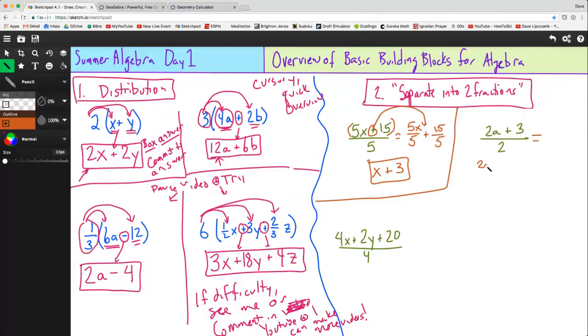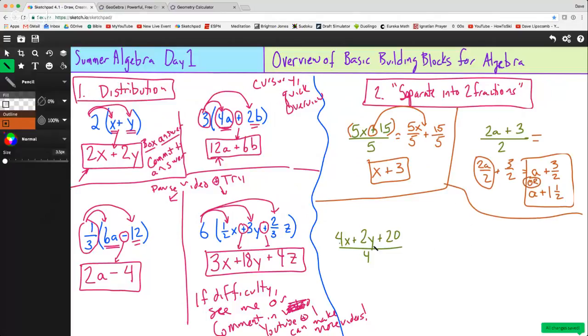So we get 2a over 2 plus 3 over 2, which is the same thing as, now we can simplify this, 2a over 2 is a, plus 3 over 2. Or, if you like mixed fractions, you could write a plus 1.5. Either one. I'll put my "or" here.